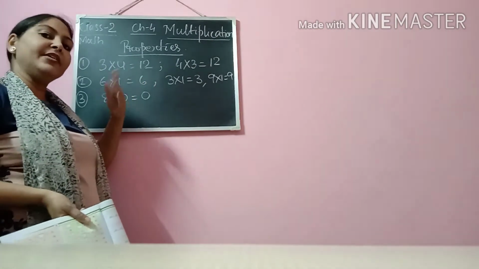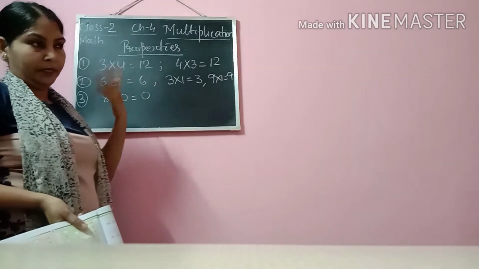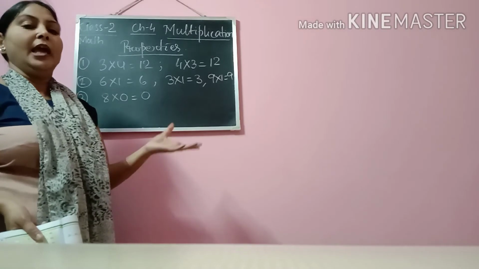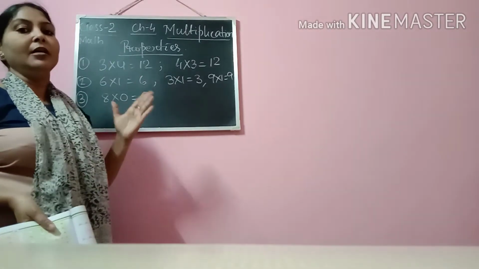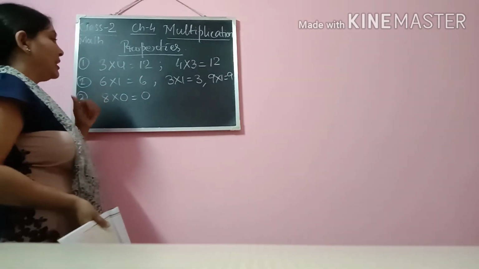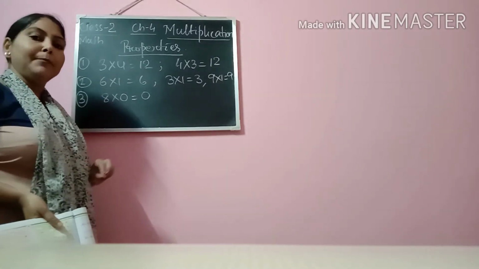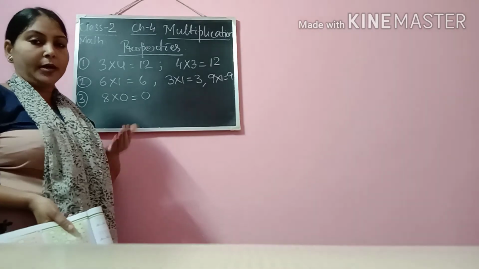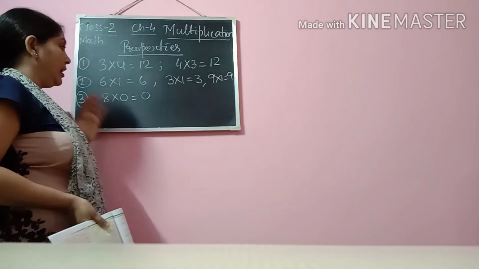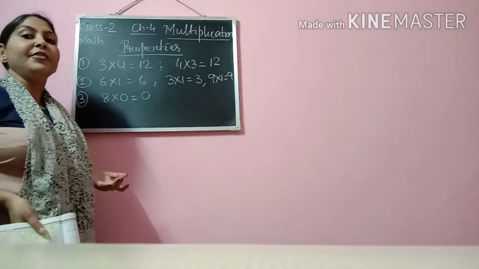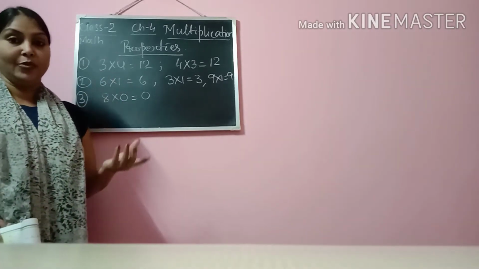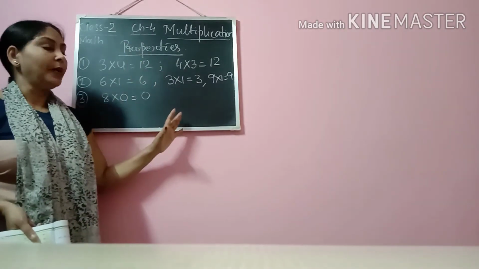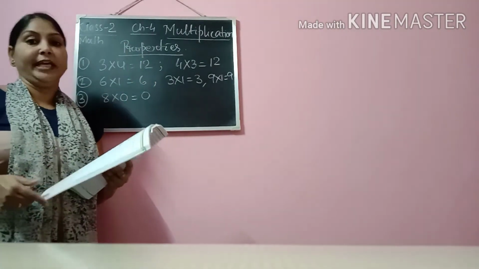Okay, so whenever multiplication is done between two numbers or three numbers, if we change the order of the numbers, the product remains the same. Second thing, when we multiply any number by 1, the product is the number itself. Okay. And the third property, whenever we multiply any number by 0, the product is 0. So this property we have to keep in mind always.